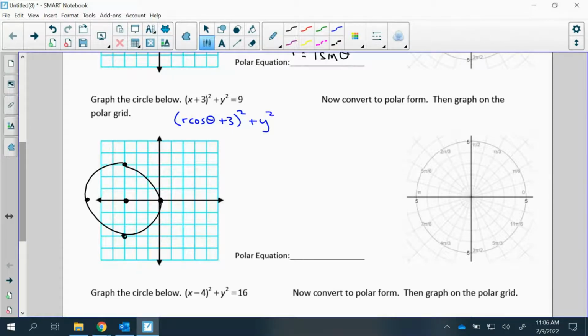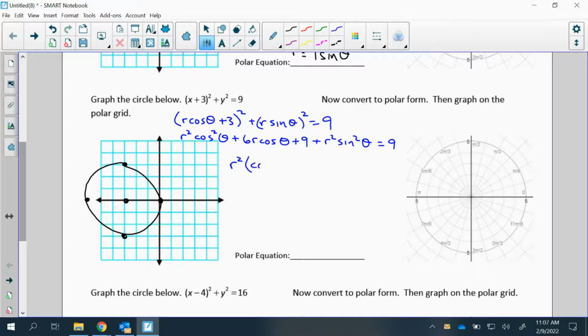Then we'll use the distributive property on the (r cosine theta plus 3) because it's squared. We will get r squared cosine squared theta plus 6 r cosine theta plus 9. And then we have plus r squared sine squared theta, and that equals 9. And then when we do some manipulation, we subtract 9 from both sides. We factor out the cosine squared plus sine squared.